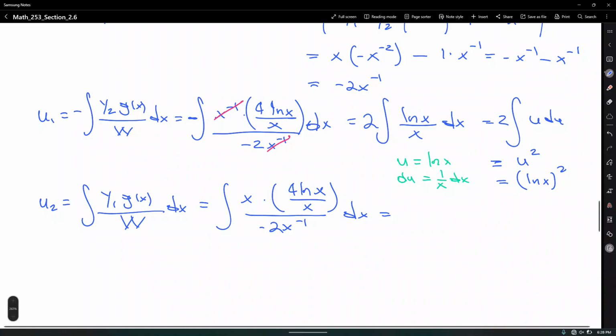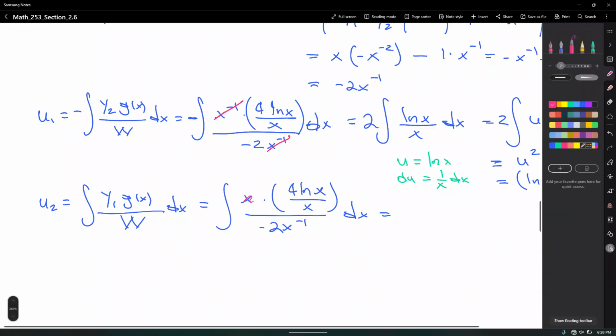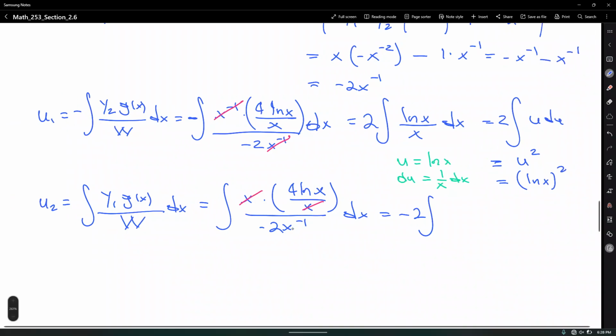So first, cancel x with x right here. What does that leave us with? 4 divided by 2, and it's negative 2 outside of the integral. Also, the x to the negative 1 in the denominator we can move to the numerator with a positive exponent, leaving us with x ln of x dx.